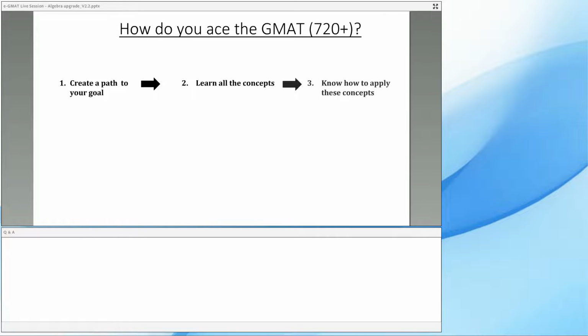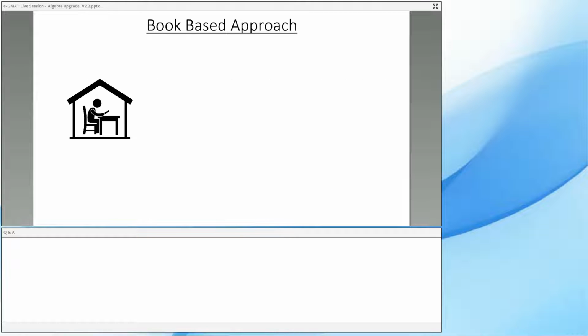You then work on those areas, make sure that you know how to apply the concepts you've learned, and while you're learning how to apply them, constantly evaluate yourself to see whether you've attained the level of mastery where you can say that in this concept, you are among the top 6 percentile of test takers in the world or not. When you do all of these, only then do you get to that 720 score.